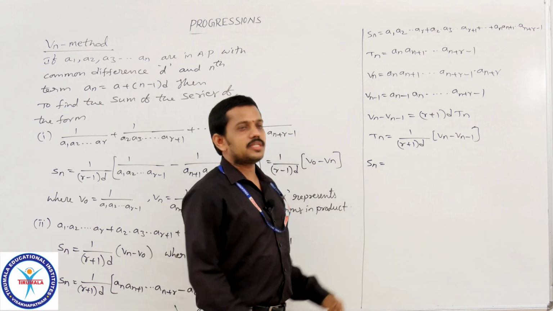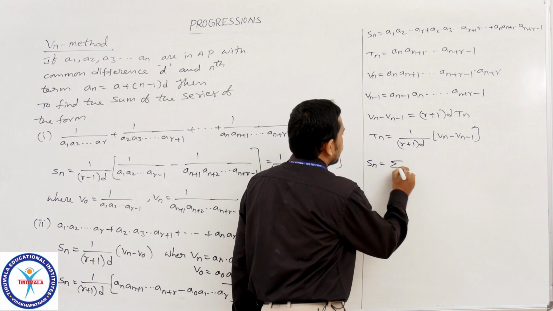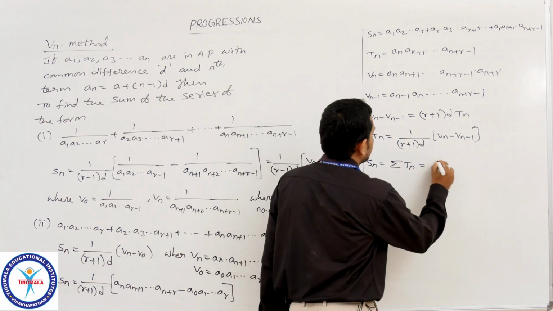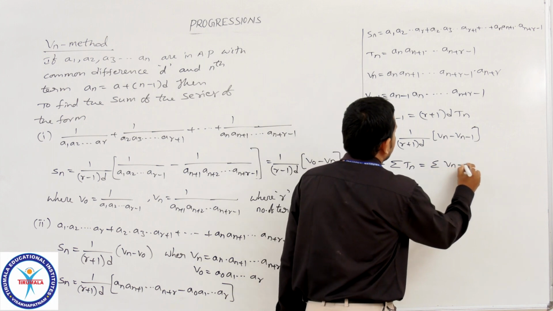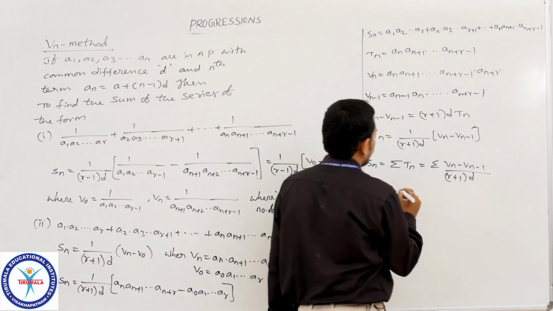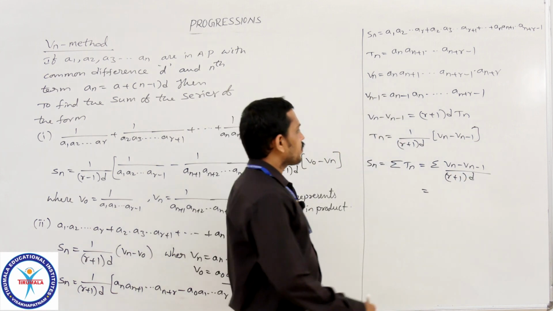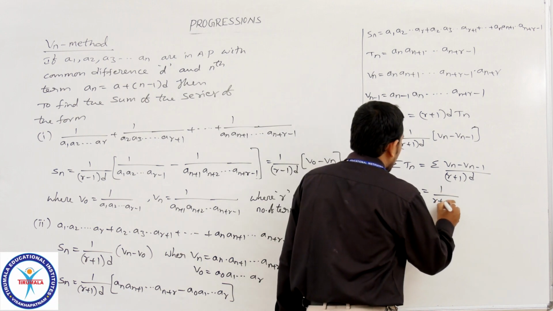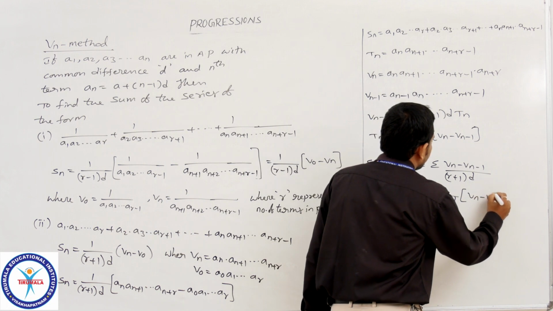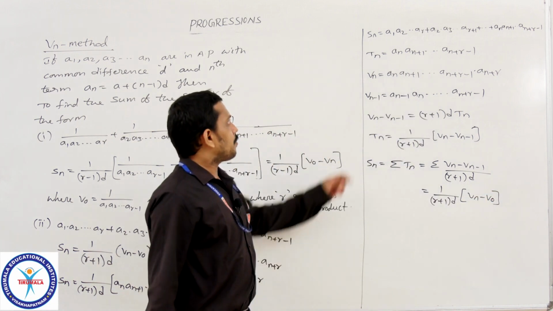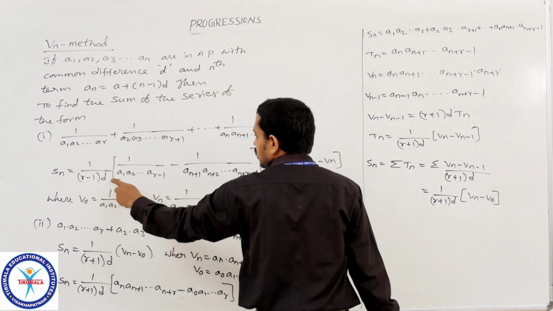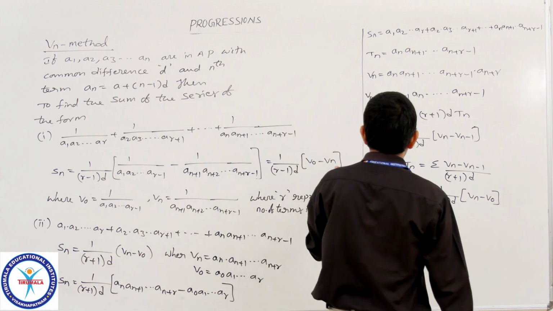So this is equal to sigma of (Vn minus Vn minus 1) by (r plus 1) into d. By simplifying this value, we get 1 by (r plus 1) into d into (Vn minus V naught). Here, if we take the reciprocals, this is equal to 1 by (r minus 1) into d into (V naught minus Vn).